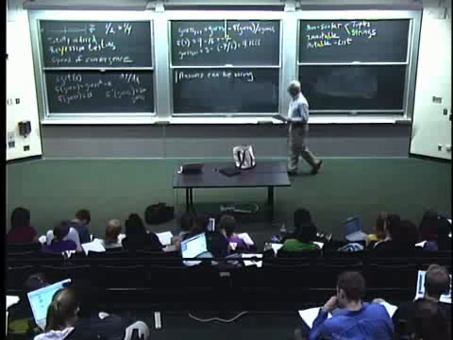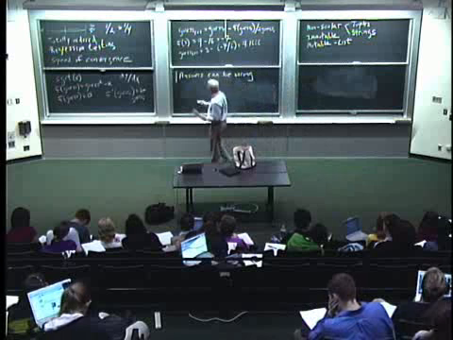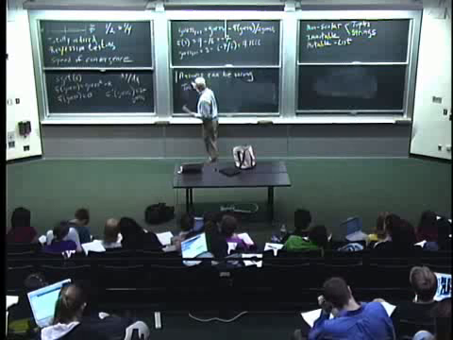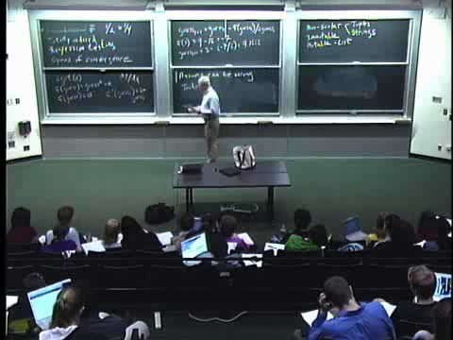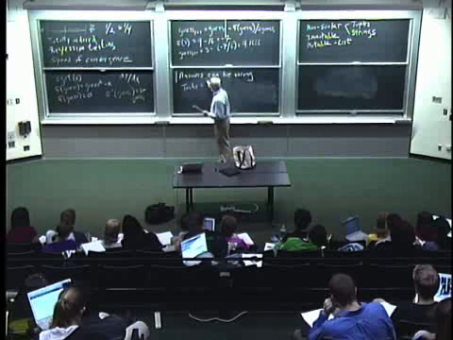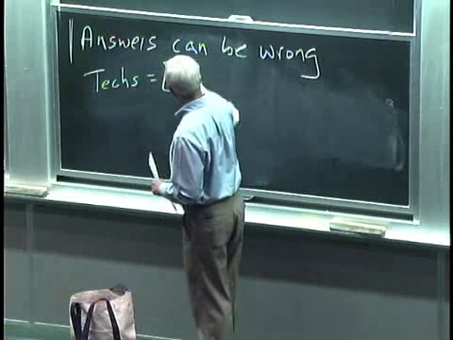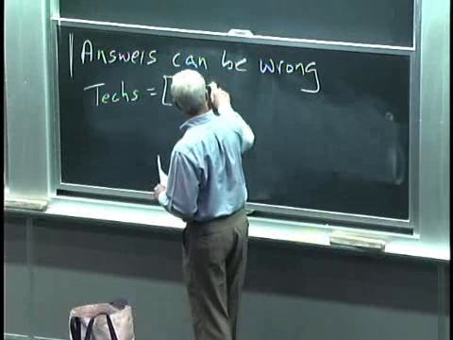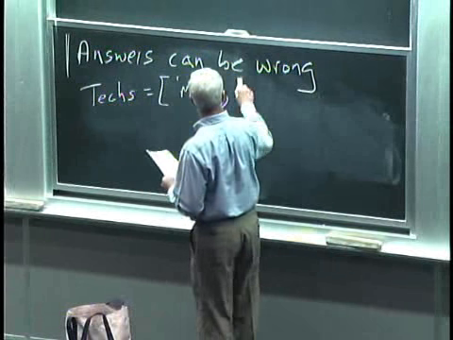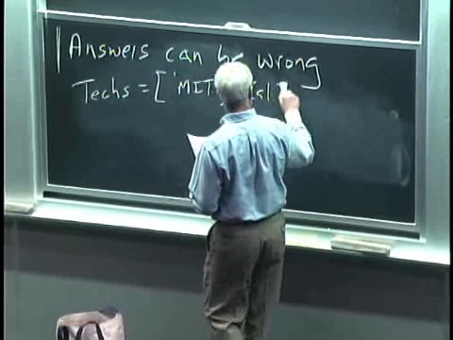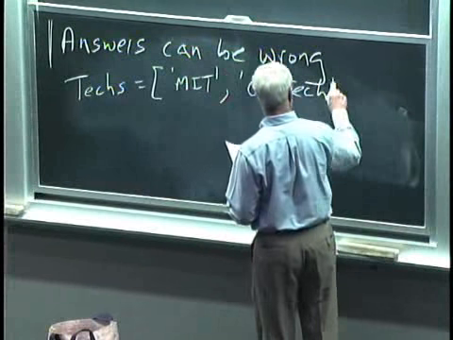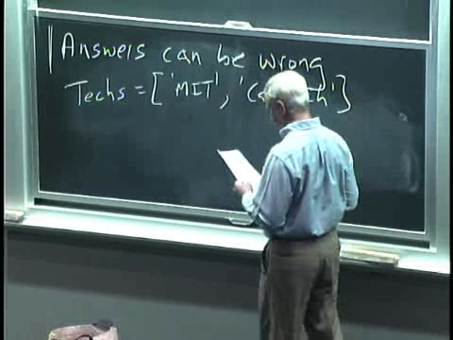So I could write a statement like text, a variable, is equal to the list, written with a square brace, not a parenthesis, MIT, Caltech, close brace.